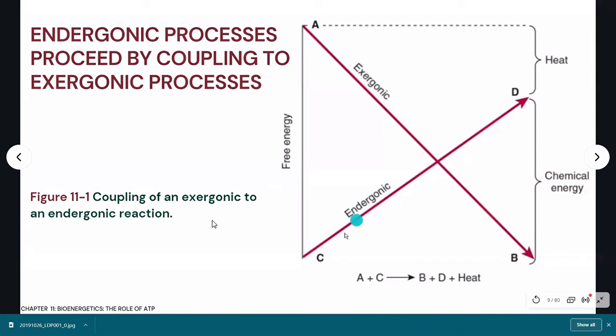Okay? As you can see, there's a difference. This endergonic reaction does not go up there, but this is only up there. So in our cells, there is a coupling.